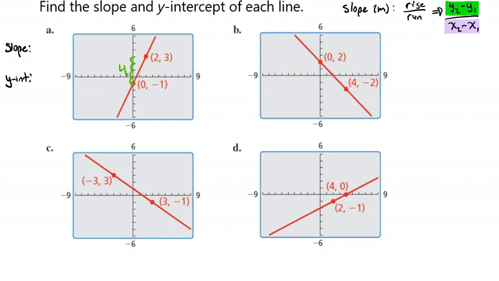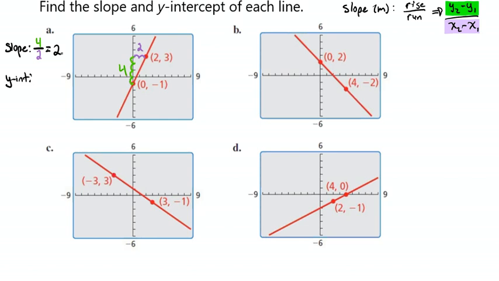So I go up 4, and my run would be 1, 2. I would have run 2 here. So my slope is 4, my rise, over my run, which is 2, and that reduces to 2 over 1, or 2. So here we have a slope of 2.